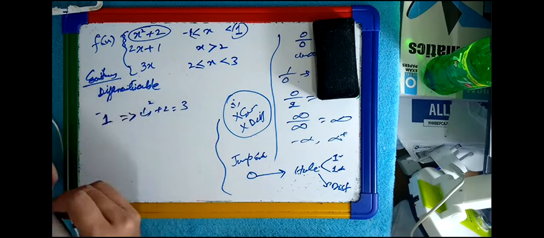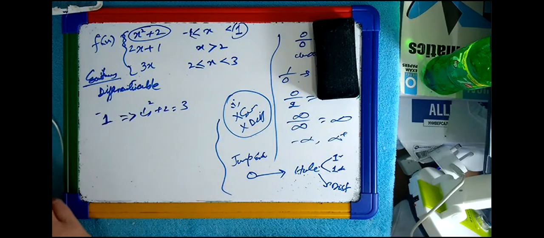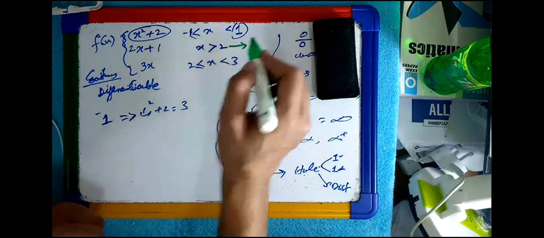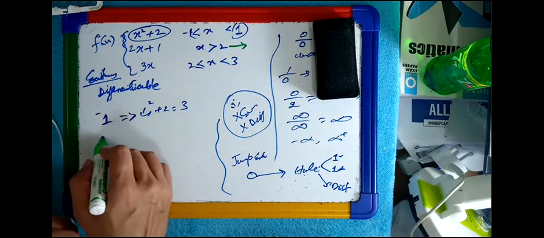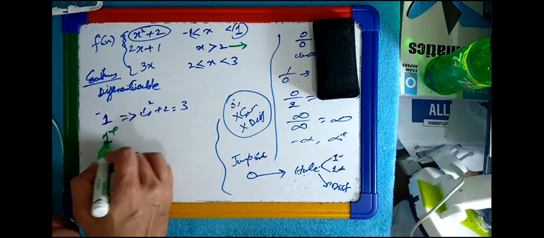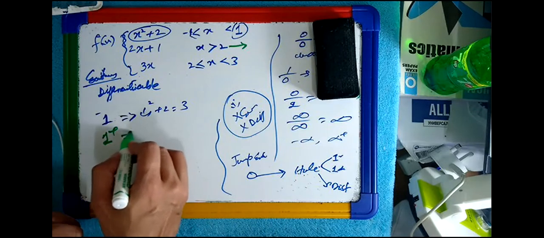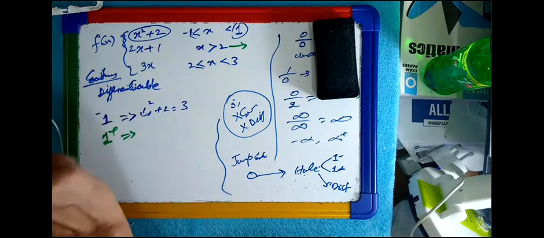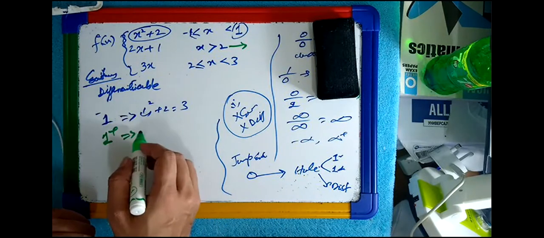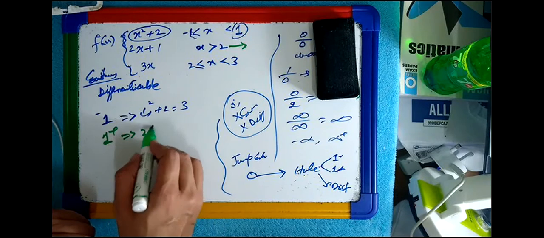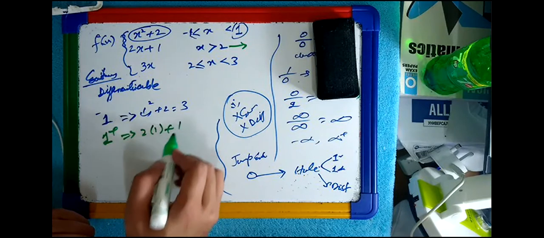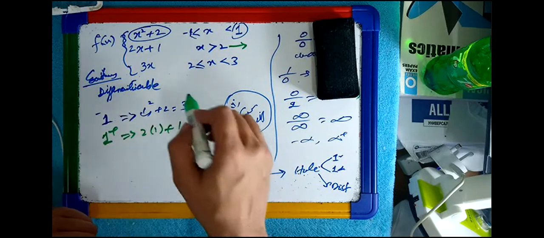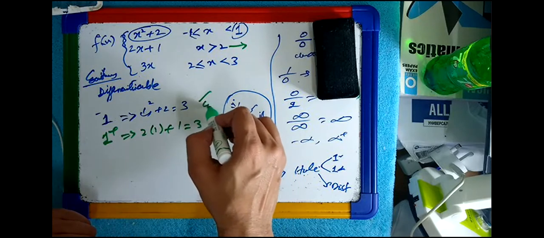Next, if I want to check 1 plus, where will I go? 1 plus will go in this function, so 2 into 1 plus 1 is 3. The answer is 3, so these two are continuous.